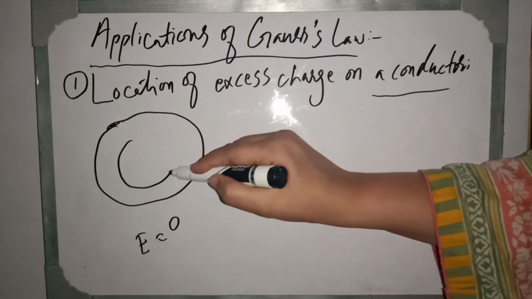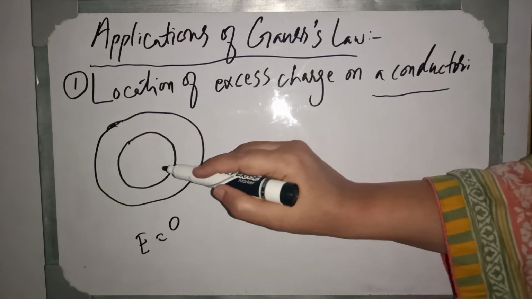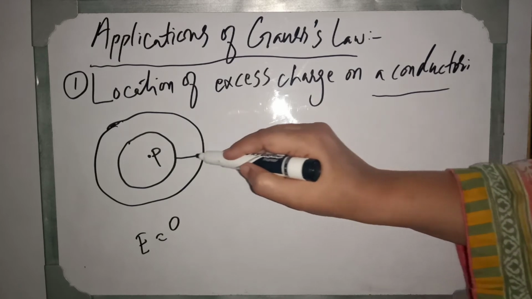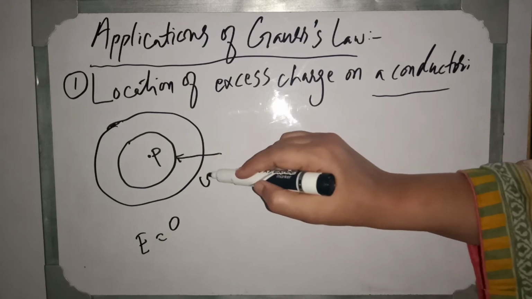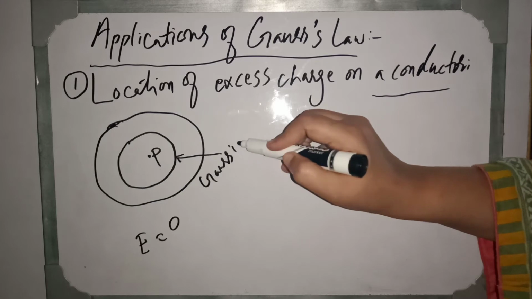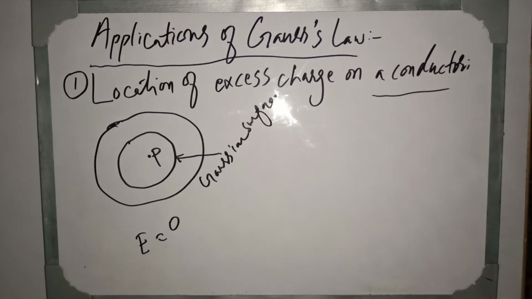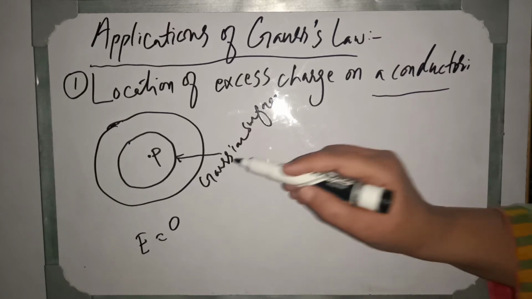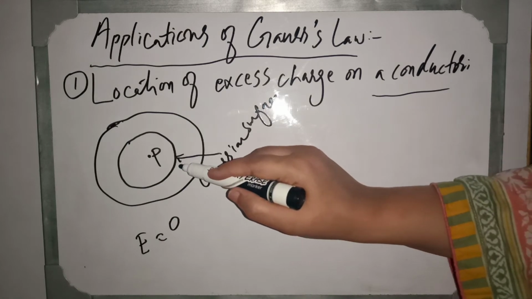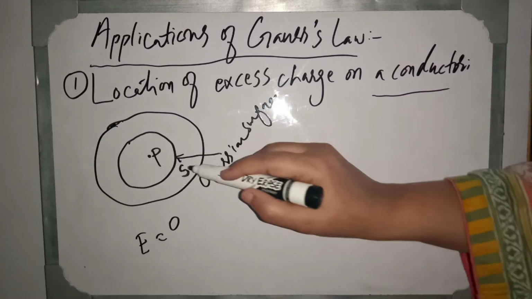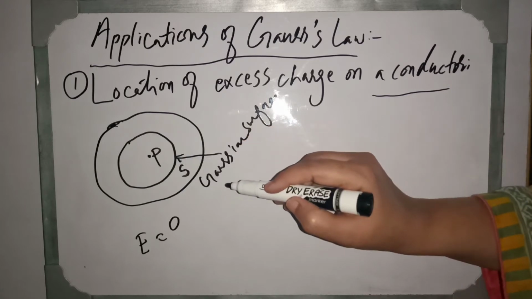This is the Gaussian surface in which I will take a point P. Now we have made this imaginary Gaussian surface S in the interior of the conductor, because this surface is present inside the conductor.